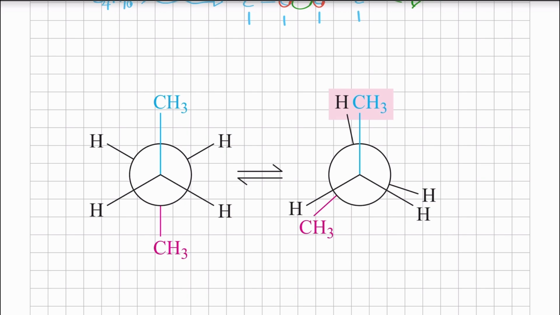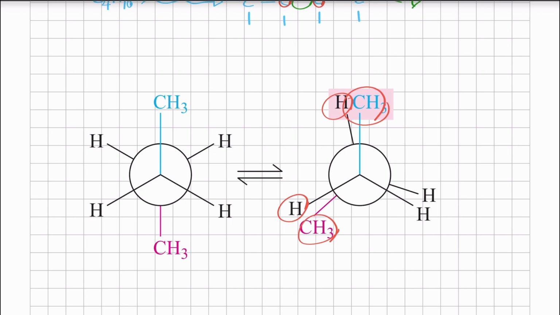We can say that the right one has more steric hindrance because one methyl group and one hydrogen, again, one methyl group and one hydrogen, are somehow face to face. And because of this arrangement, the methyl group and the hydrogen have steric hindrance. Totally, we can say that the steric hindrance of the conformation on the right is more than the conformation on the left. So the conformation on the right is not as stable as the conformation on the left.